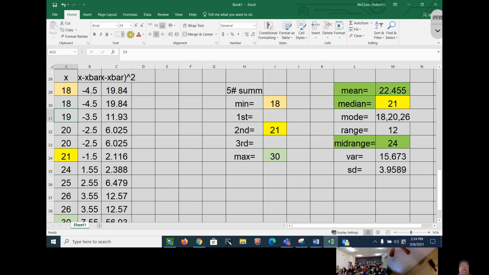So there, right there, is our first quartile. Now, if you had even numbers up here, if you had 6, you would have to do the middle 2 numbers. So this one is your bottom quartile, 3rd quartile.